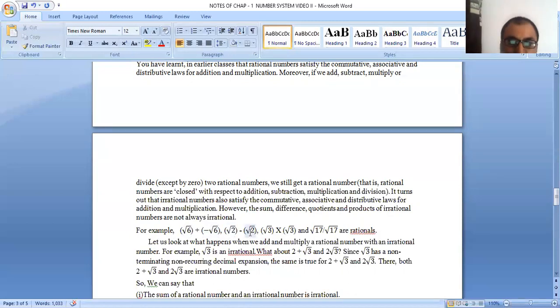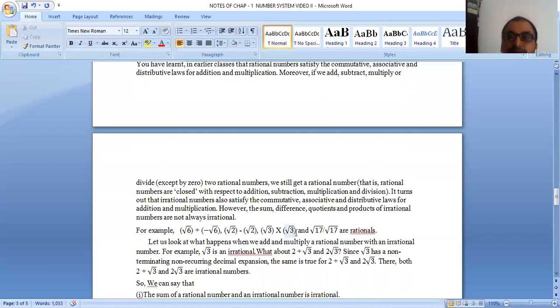Root 2 minus root 2 is also 0, so this is also a rational number. Root 3 into root 3, we get 3. When we multiply two irrational numbers like that, root 3 times root 3, we get 3. 3 is rational.